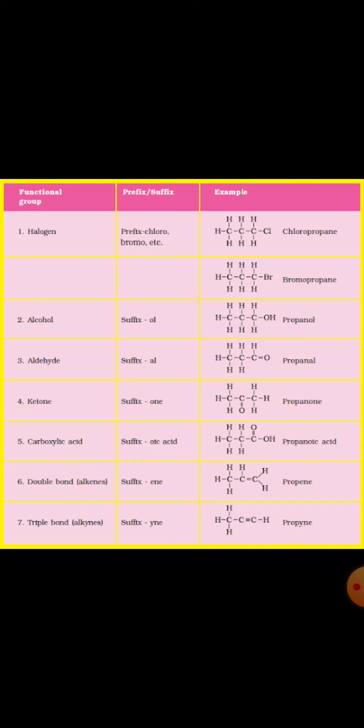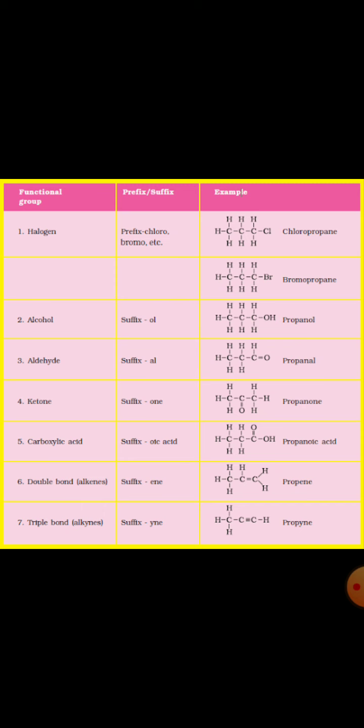If we have alcohol functional group, then the suffix we need to use is ol. Here in the example we have propanol. Now what is the functional group for alcohol? That is hydroxyl, OH, right? We have studied this in our previous session.